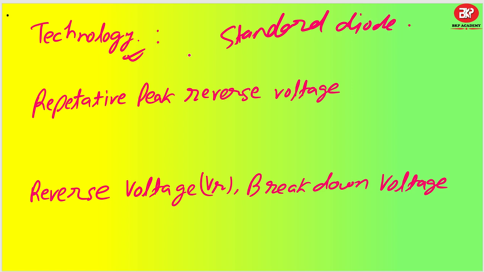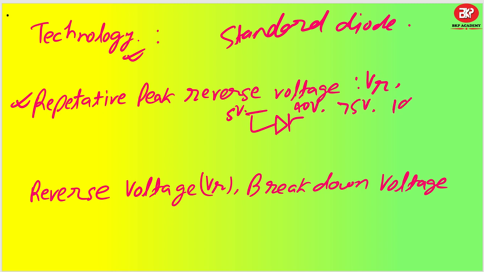The next parameter is repetitive peak reverse voltage. As I was talking about, what is the VR value. Let us say you have a power supply of 5 volts. You don't want to go ahead with 200 volts or 300 volts. You will go ahead with a diode with a 40 volt rating, or maybe 75 volt, 100 volt, 200 volt, 400 volt, 600 volt, or 1000 volt rating.